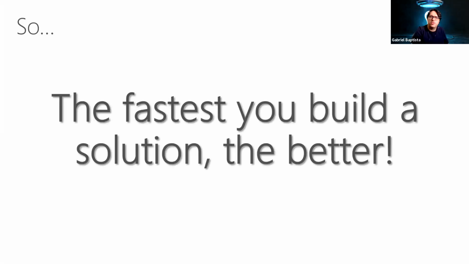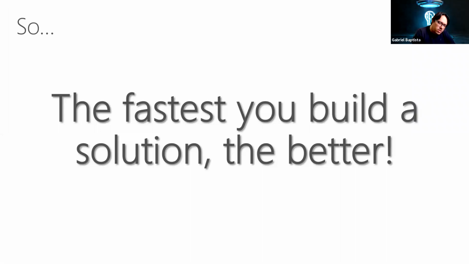So we need to understand that every step that we take from the beginning of a development to the end of a development, we are trying to accelerate the process of developing a solution. And the faster you build a solution, the better, right? And this is why we go to cloud. This is why we start a DevOps philosophy. This is why we start monitoring our production environment.